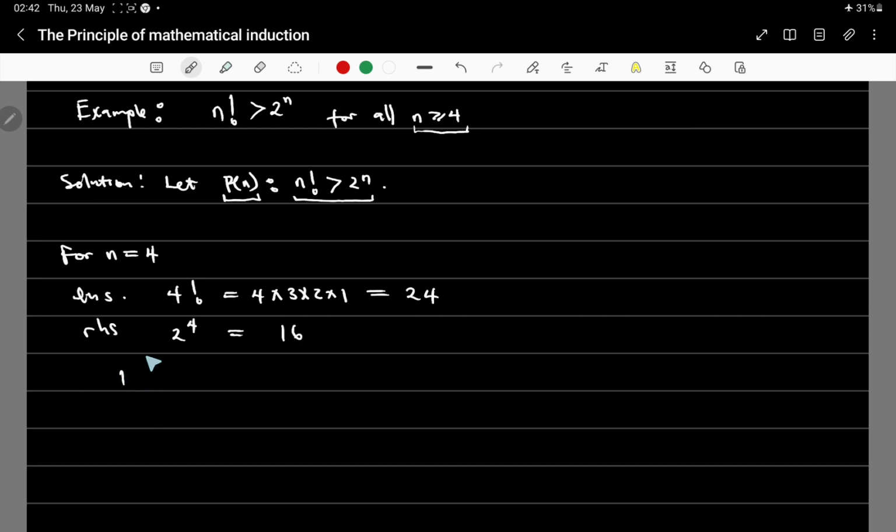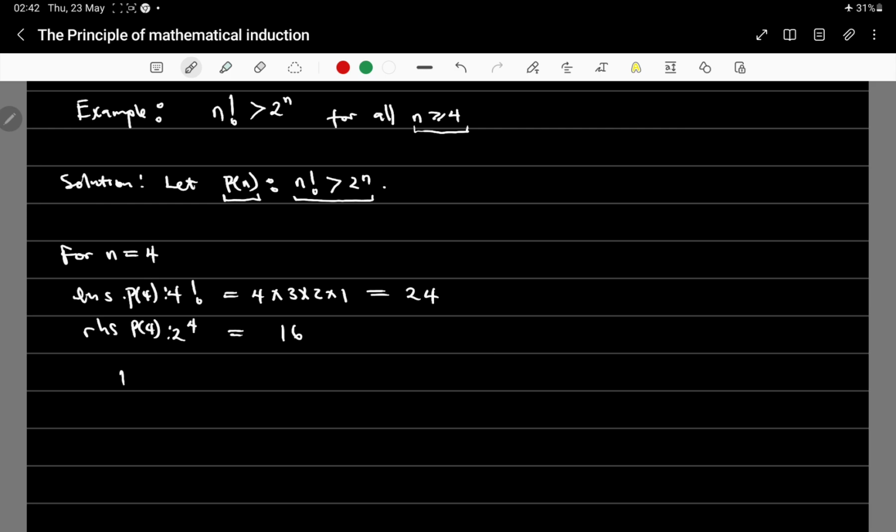Therefore, you can see that the left hand side of P4, so that it will make sense, is like that, and the right hand side of P4.